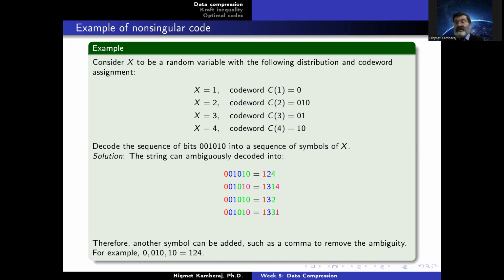However, this could be a problem because you are spending an extra character, so practically it's not useful. However, it can be done. For example, if I write this sequence of bits as 0, 0, 1, 0, 1, 0, then this would have been uniquely decoded into the sequence of symbols 1, 2, and 4, and there is no ambiguity in this.